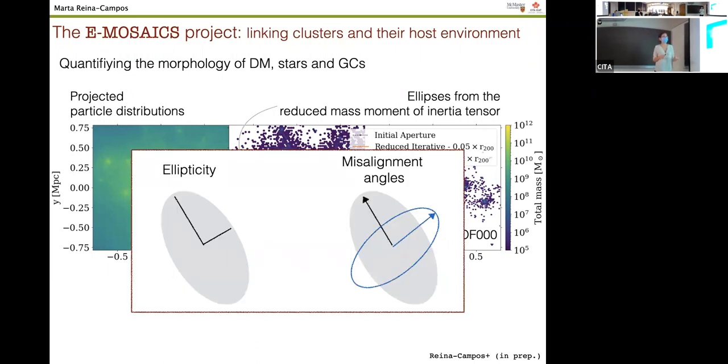Once we have the moment of inertia, we can calculate the eigenvalues and eigenvectors. We can then look at the ellipticity of the distribution by looking at the ratio of the eigenvalues, and we can look at whether two spatial distributions are aligned or misaligned by looking at the angle between the semi-major axes, which are the major eigenvectors.